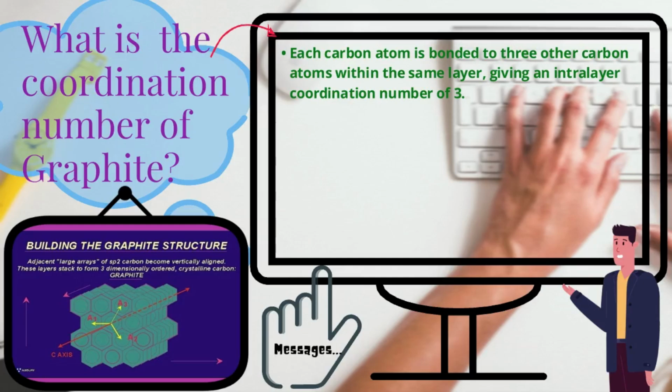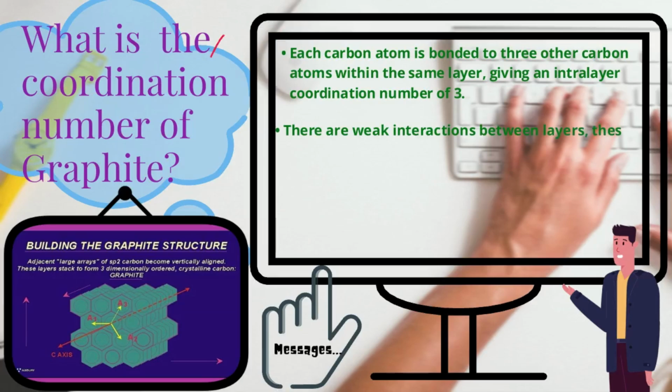For coordination number between layers, the layers of graphite are held together by weak van der Waals forces, and the arrangement of the layers follows an ABA stacking sequence. Each carbon atom in one layer is directly above or below the center of a hexagon in the adjacent layer. Each carbon atom interacts weakly with atoms in the adjacent layers.